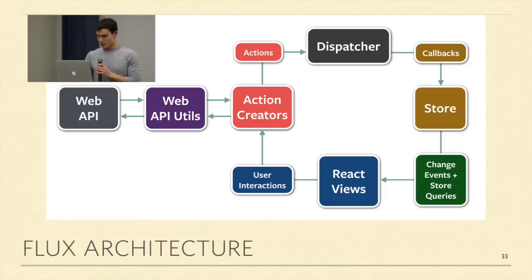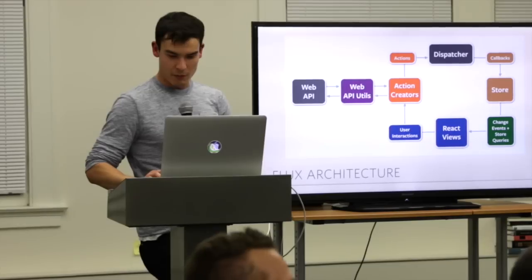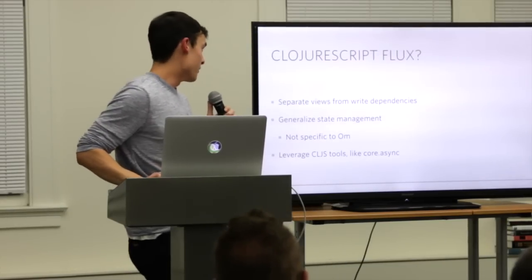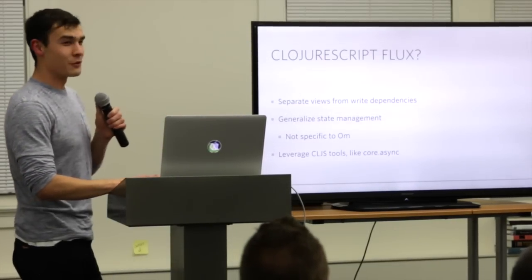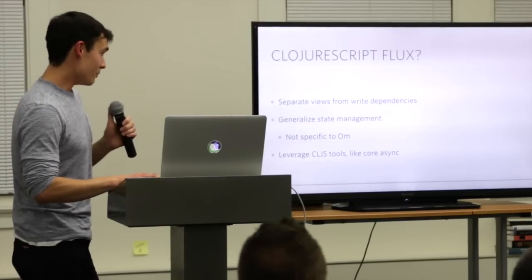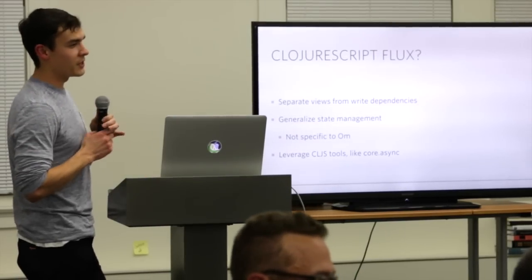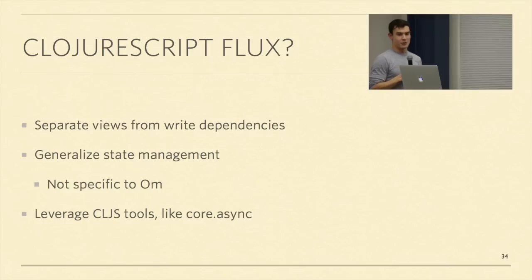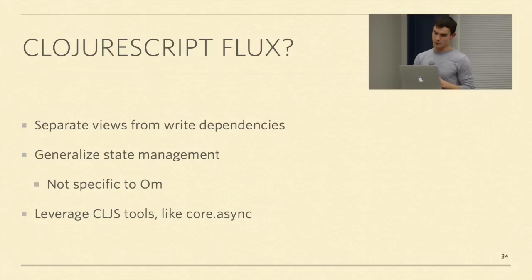I'm running out of time, so we should move a little bit faster. ClojureScript with Flux: how would you actually make this happen, and why? So the motivation is that you want to separate your views from the dependencies needed to do the actions that your views can actually operate on, and to generalize state management.